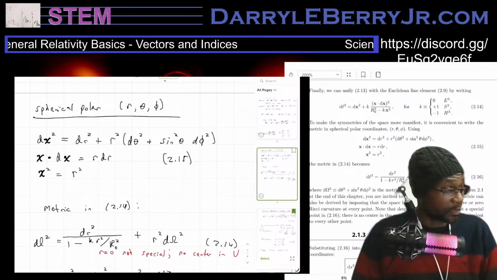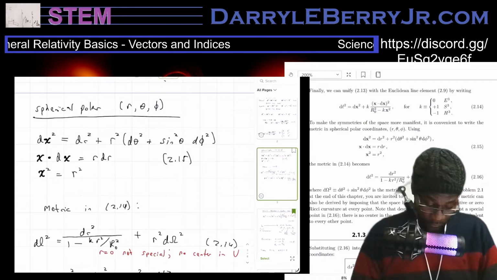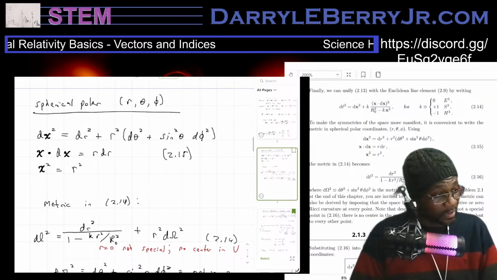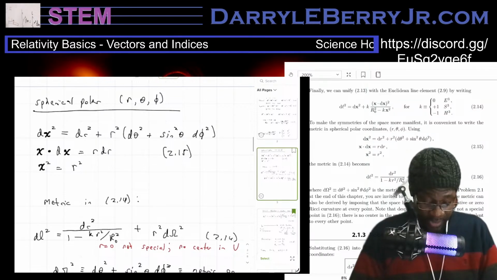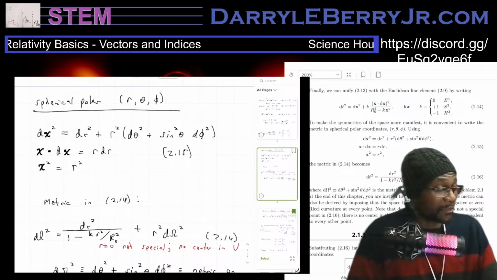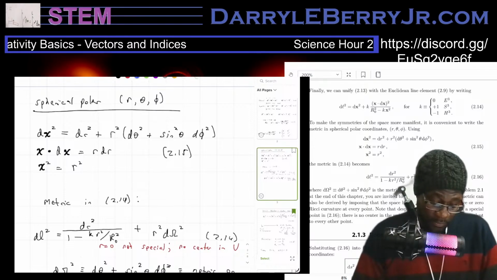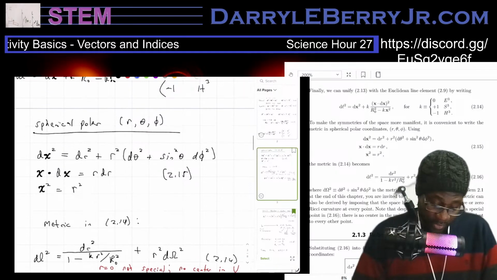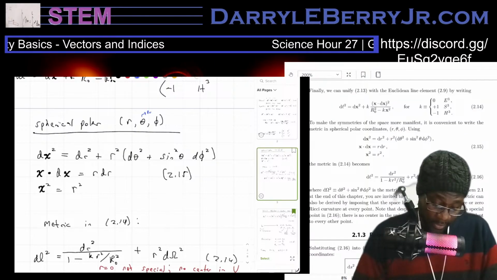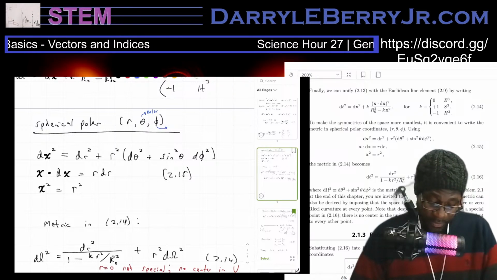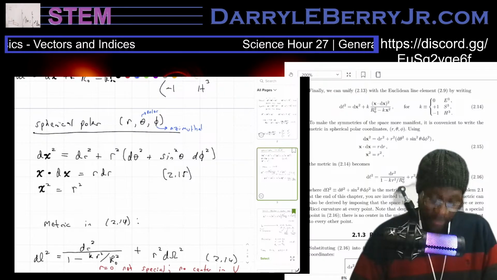In spherical polar coordinates, dx squared equals dr squared plus r squared times (d theta squared plus sine squared theta d phi squared), where r is the distance from the origin, theta is the polar angle in physics, and phi is the azimuthal angle in physics.